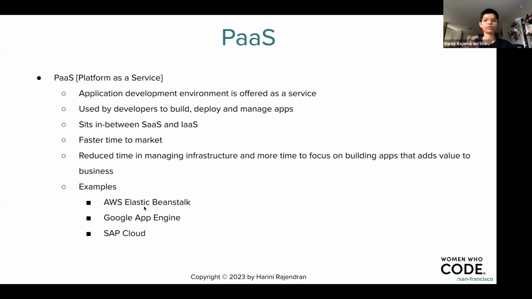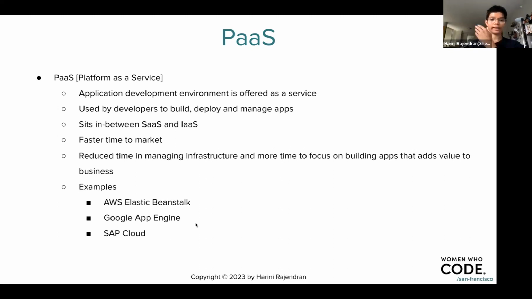So it's just at the click of a button, you get everything that's needed to deploy and manage your application, and you get to do all of that at a much faster rate by using platform as a service. So this is the second kind of cloud deployment model.